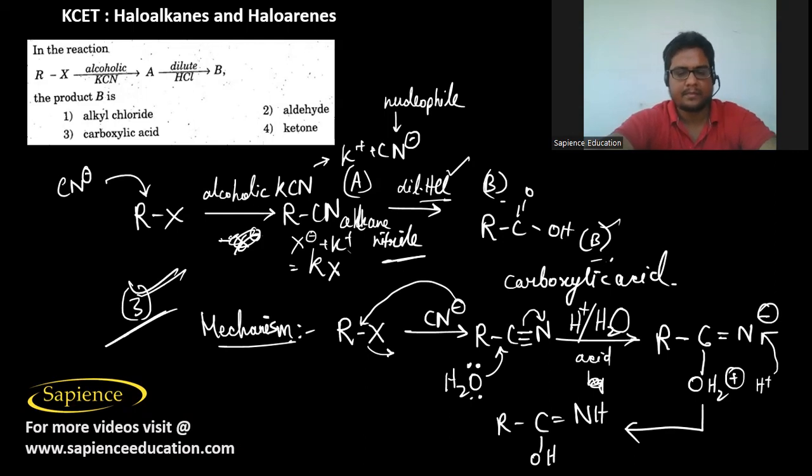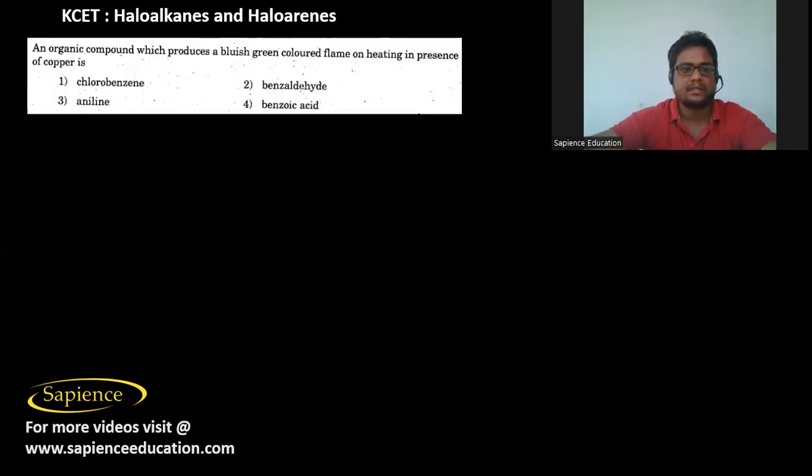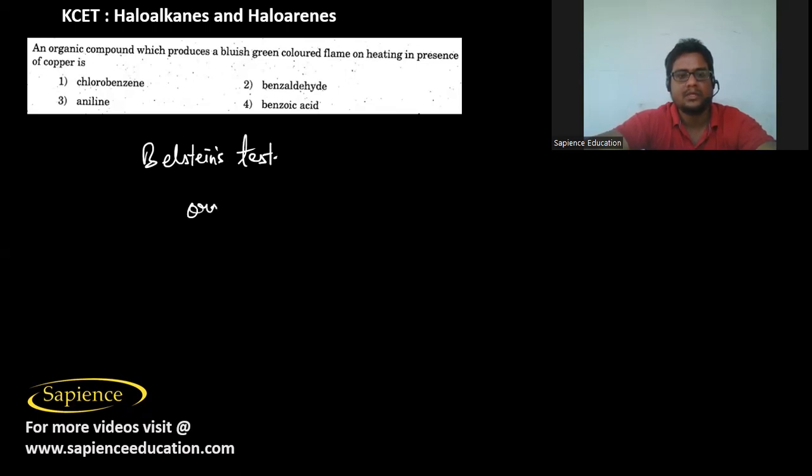Okay. Then here it is said that an organic compound which produces a bluish green colored flame on heating in presence of copper is... So it is also called the Beilstein's test.